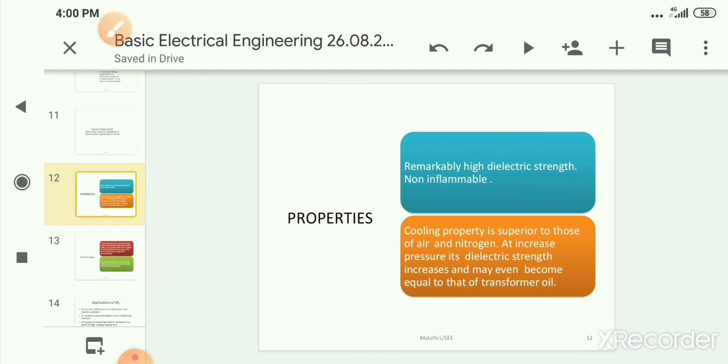At normal temperature it is non-corrosive and its density is 5 times higher than air. This SF6 is chemically stable and does not react with structural material up to 500 degrees centigrade. Its properties are affected by moisture.